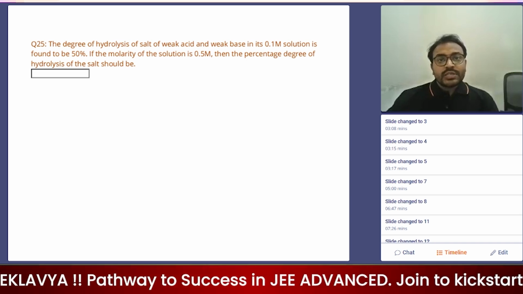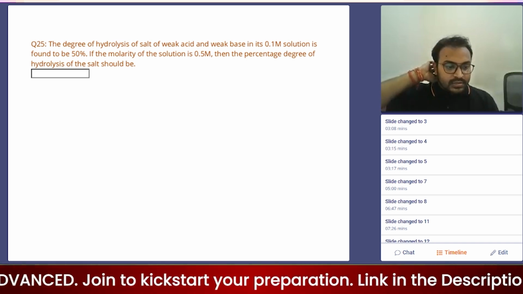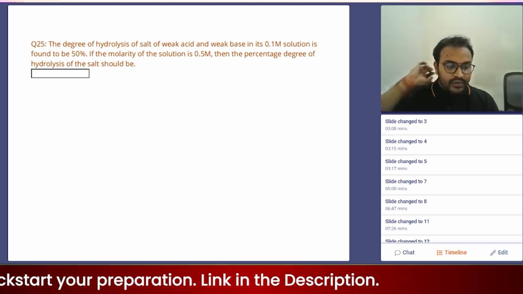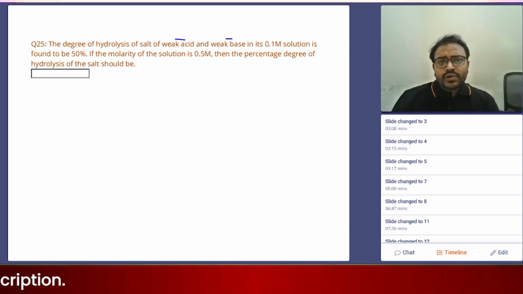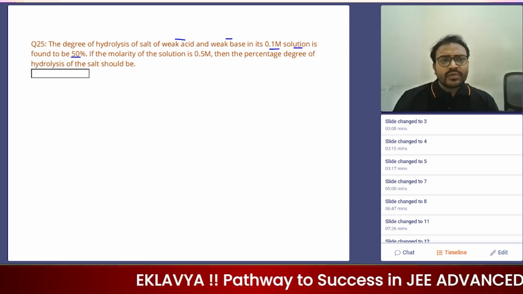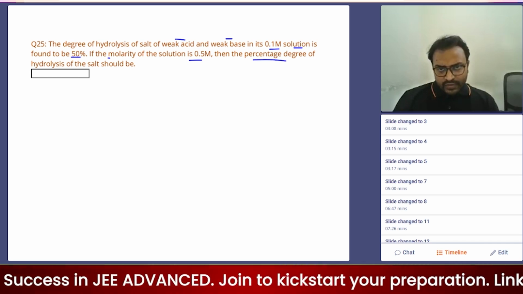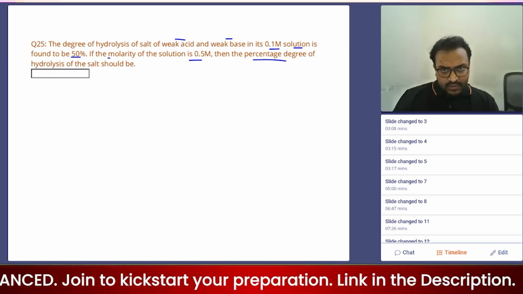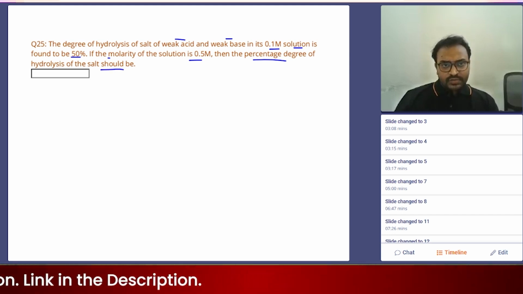Now the next question is: the degree of hydrolysis of a salt of weak acid and weak base in 0.1 molar solution is found to be 50%. If the molarity of the solution is 0.5 molar, then the degree of hydrolysis we have to calculate.